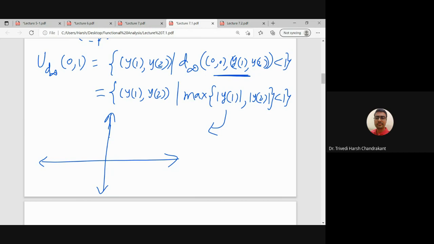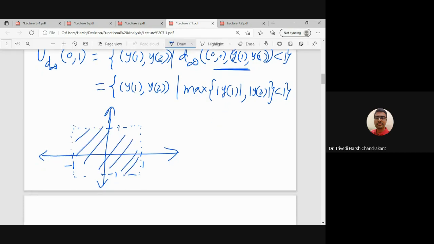So that means we draw this set in the xy plane, then that is all elements in this set, the graph is this one, that is interior of the set.